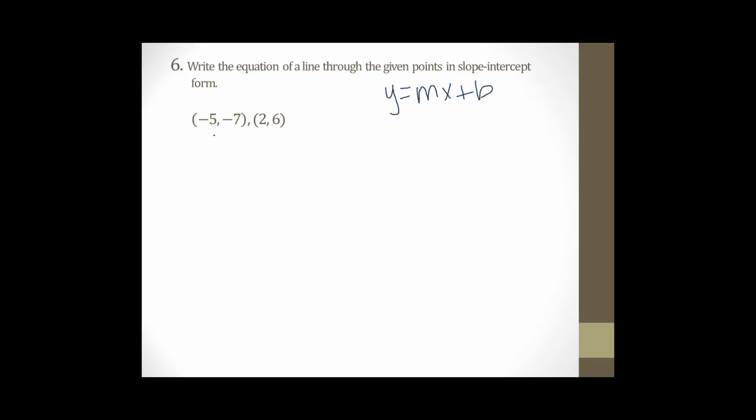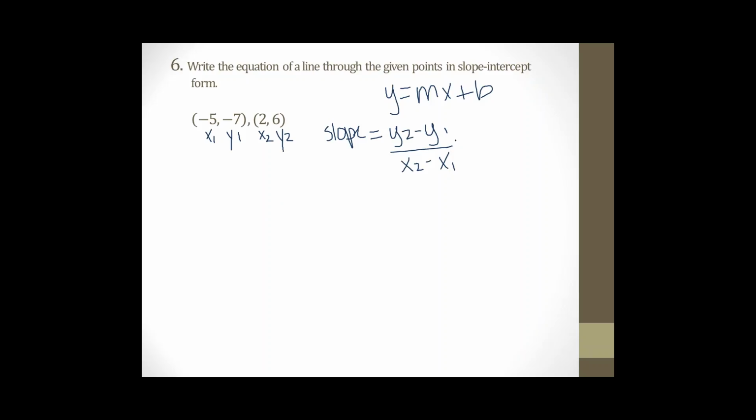So let's label our 2 points. We'll call this first point x1, y1, and the second point x2, y2. The slope formula is y2 minus y1 over x2 minus x1. That's how we can get the slope of a line given 2 points on the line.